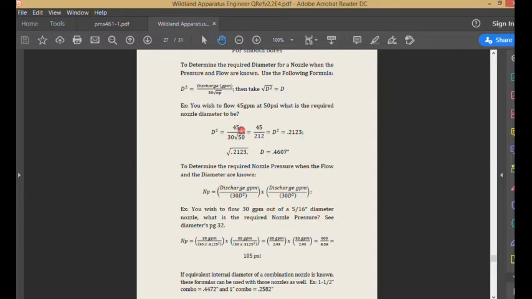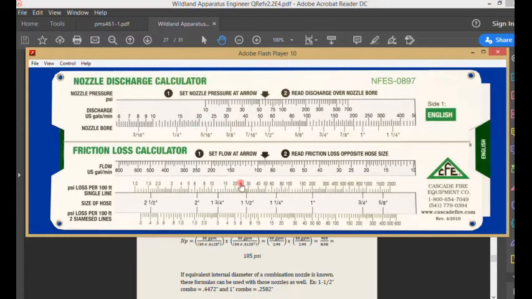Take your flow and your nozzle pressure, do the math, and it would tell you the right size diameter of orifice that you need to produce that flow at that nozzle pressure. Or if you didn't know what the nozzle pressure is, but you knew what the gallons per minute was and the diameter, it would then tell you what pressure to use. So these numbers are used to produce this calculator.